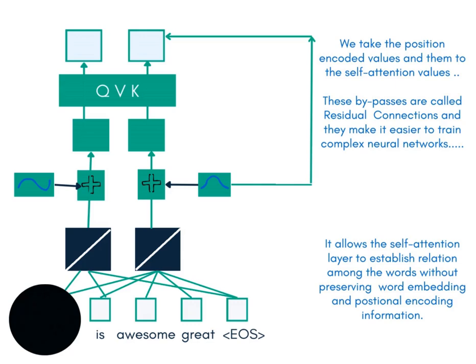So over here you don't have to keep track of what was there for the positional and the word embedding information, right? It remains in this layer, and when you add the residual connection back, it adds to your attention scores.